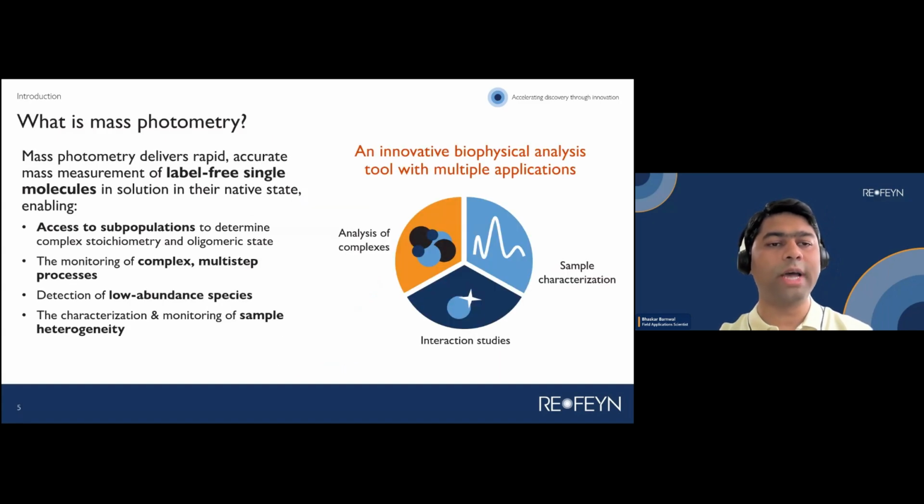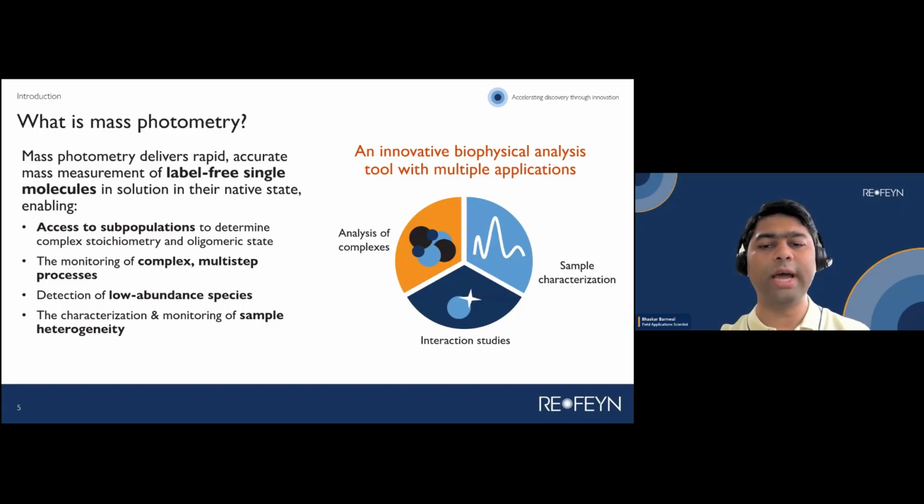So what is mass photometry? Mass photometry delivers rapid, accurate mass measurement of label-free single molecules in solution in their native state. The ability to measure the mass of single molecules in a bulk sample means that mass photometry can provide access to subpopulations to determine complex stoichiometry and oligomeric states.